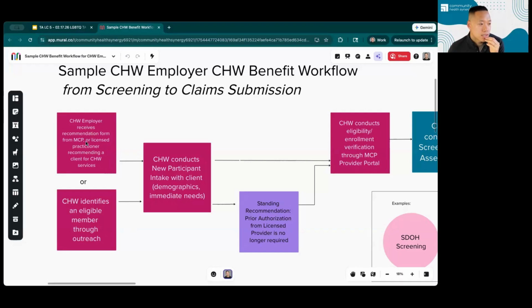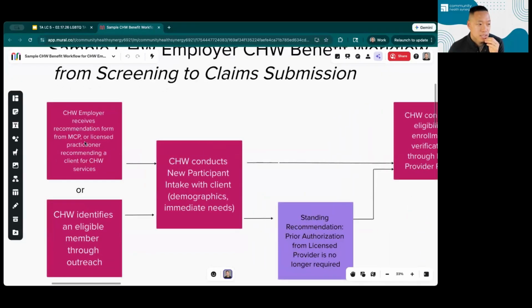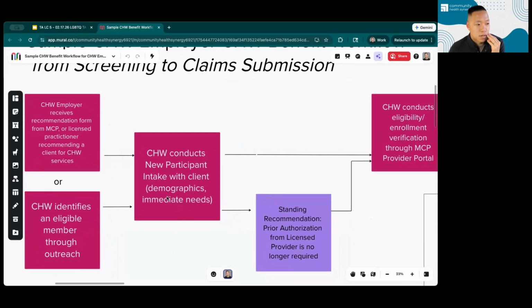So there are different pathways in terms of where you can receive a recommendation from a managed care plan, or a licensed practitioner recommending someone for a CHW service, or you identify someone through outreach. The CHW would conduct a new participant intake, documenting who they are, their demographics, their immediate needs.